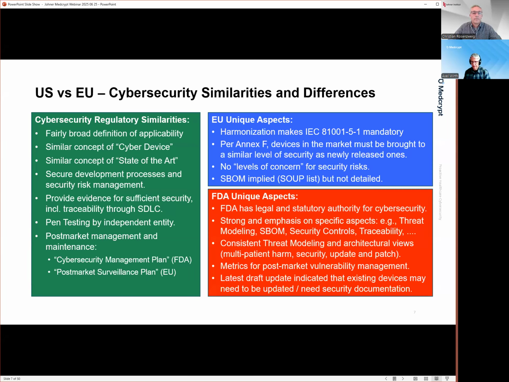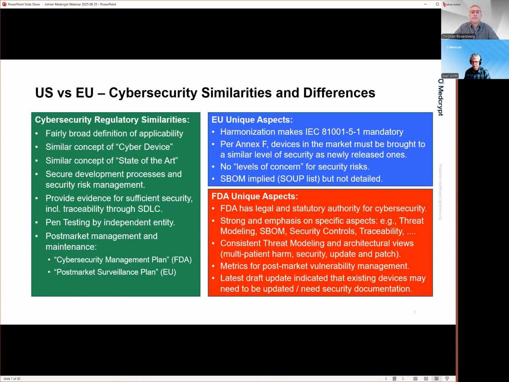FDA also has emphasized very specific aspects of the overall security activities by a manufacturer, including a strong emphasis on threat modeling, SBOM, security controls, and especially the traceability through testing, right?